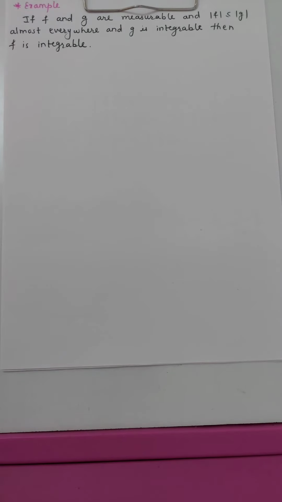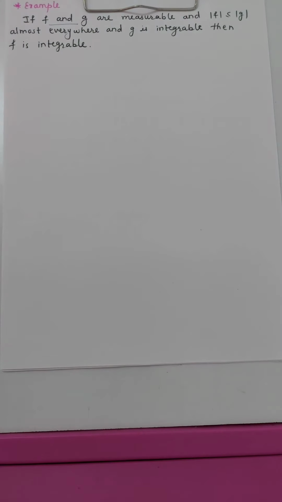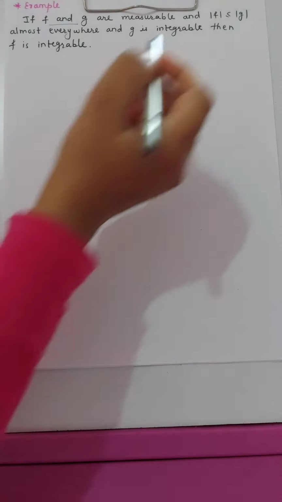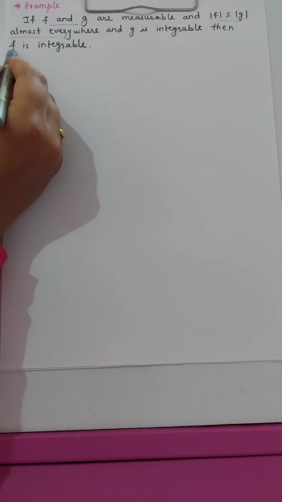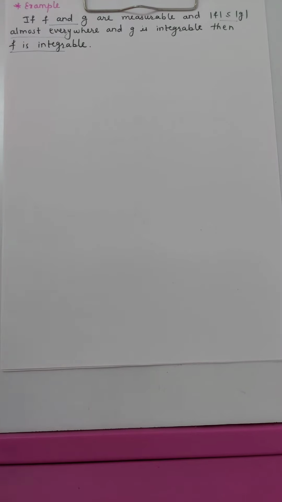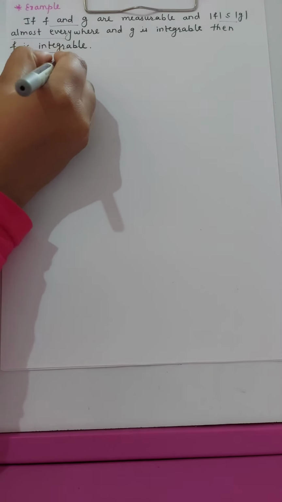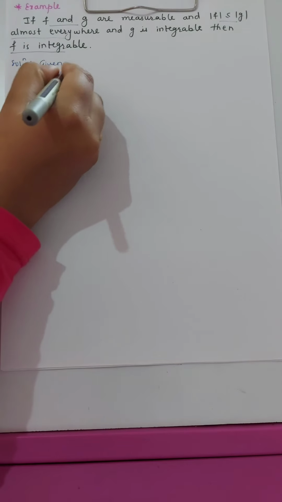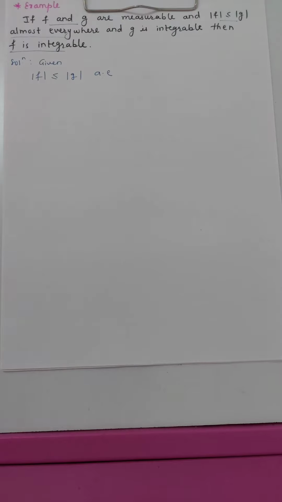Next is the example where it is given that f and g are measurable and mod f is less than or equal to mod g almost everywhere, and g is integrable. We have to prove that f is integrable. So solution, here it is given that mod f is less than or equal to mod g almost everywhere.